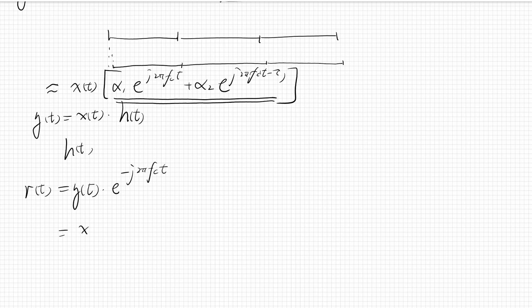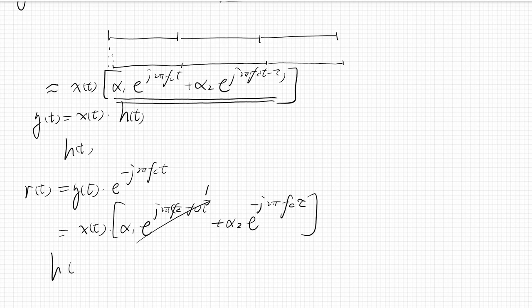So that is x(t), and then alpha 1 e to the j 2 pi (fc t minus fc t). So we bring that to baseband. So this is alpha 1. And the second term is alpha 2, and then we also do this down conversion. So what's left is e to the power j 2 pi fc negative tau. Okay.